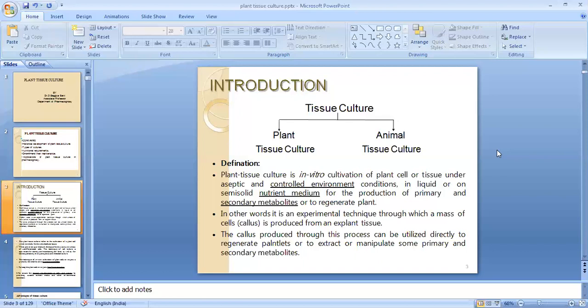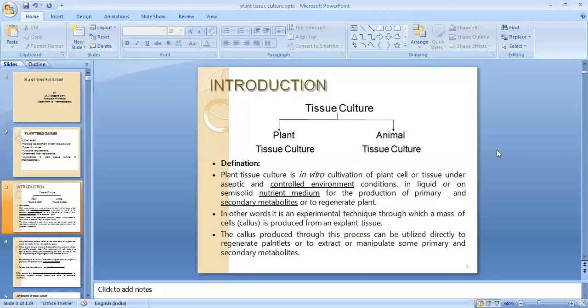Apart from the natural conditions which are provided for the growth of the plant, you are isolating a single plant cell or a tissue, that is nothing but a group of cells from the plant, and you are going to grow that particular isolated cell or tissue under controlled environmental conditions in the aseptic area, where you are going to provide the nutrient as a liquid medium or as a semi-solid medium.